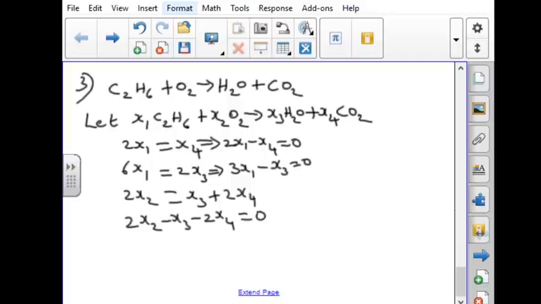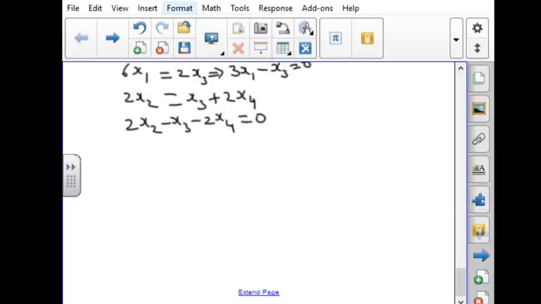So now we have to frame the augmented matrix.